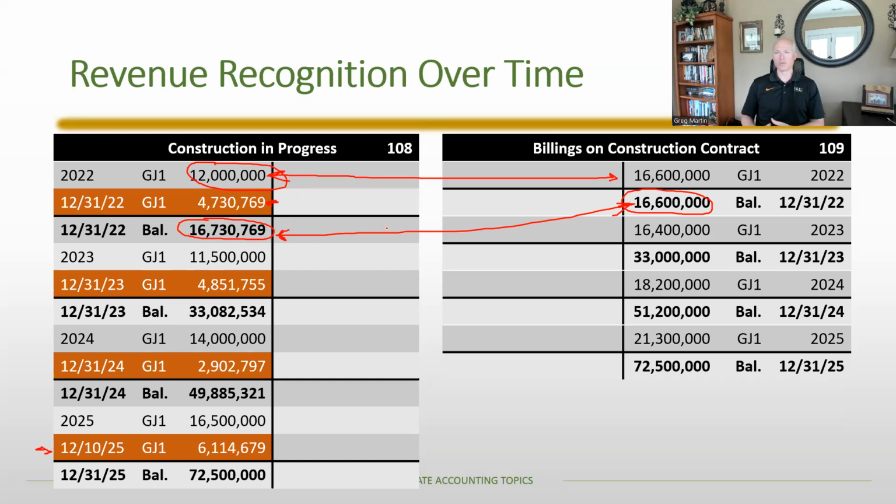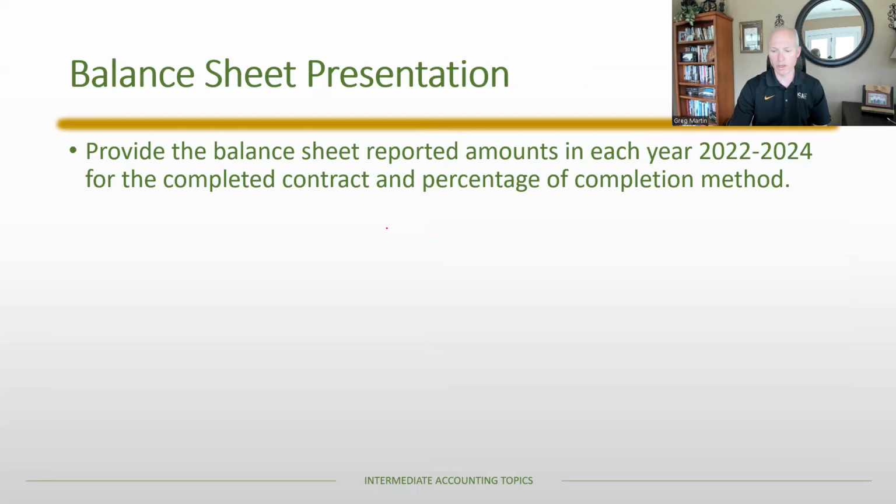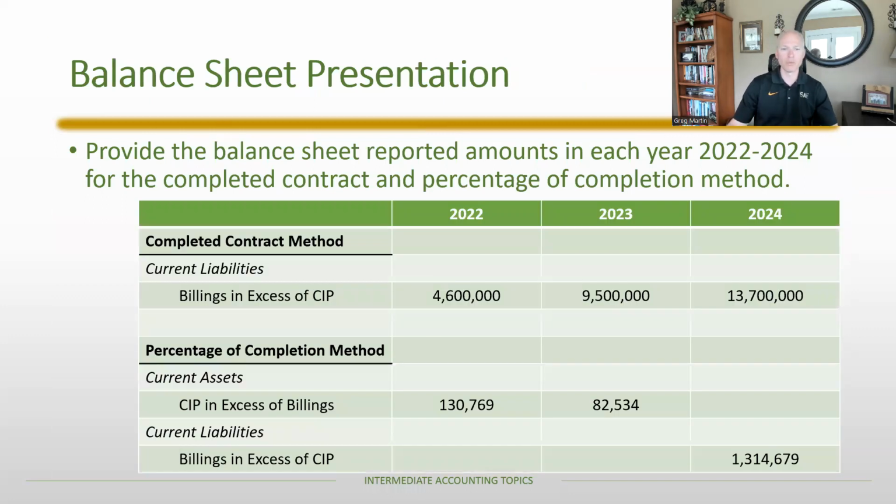In the other situation, we're going to be reporting a current asset. And so that table is really where we're showing that. And so you can see that with those billings being in excess, when we're using a completed contract method, it's almost always going to be the case that you're going to report a current liability. The billings are almost always going to outpace the costs. But anyway, all that to say, you can see that this current liability is growing and growing and growing.